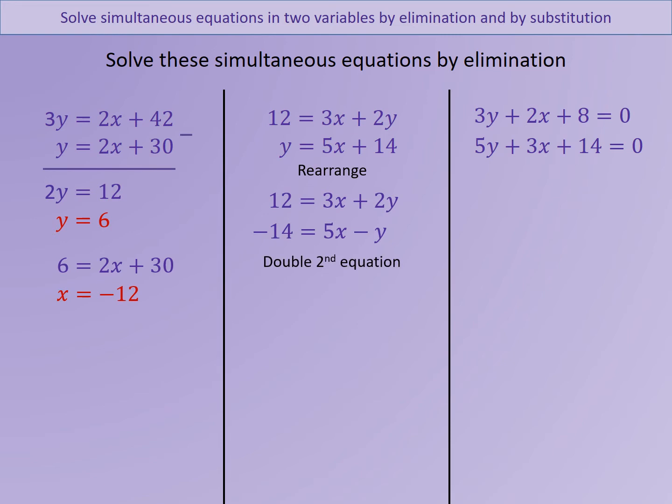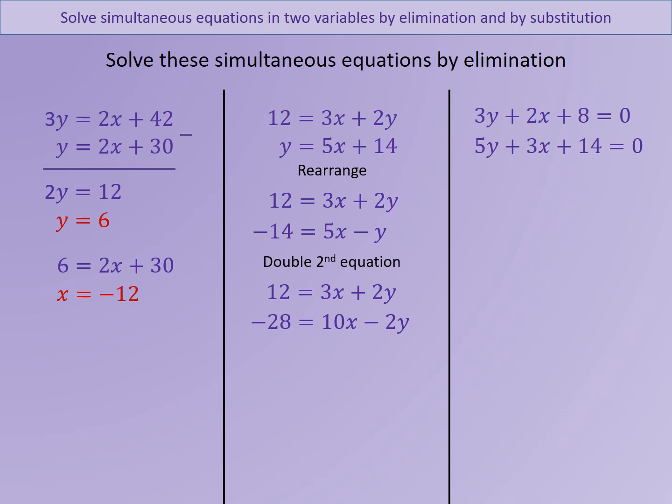So I'm going to have to do something about that, and to deal with it, I'm going to double the second equation. I've left the first equation alone. Please make sure that you double everything. That's one error that we see a lot, that students don't manipulate every term inside the equation.